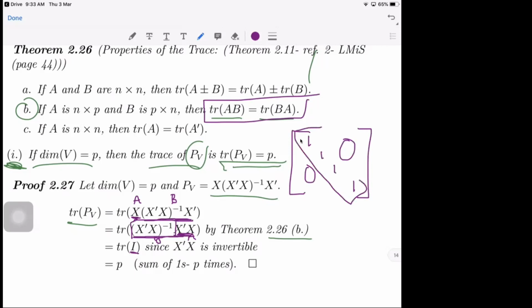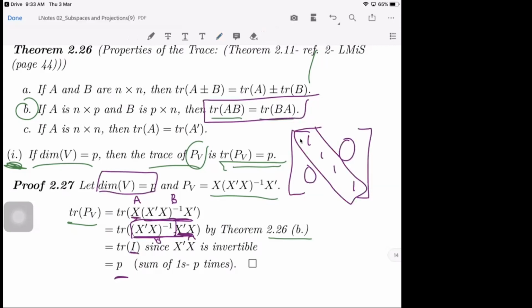So if we add the diagonal entries of an identity matrix, and your matrix is P by P because it is of dimension P, then there will be P ones. So that's why the trace of the projection matrix PB is equal to P.